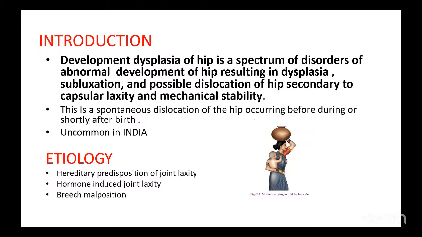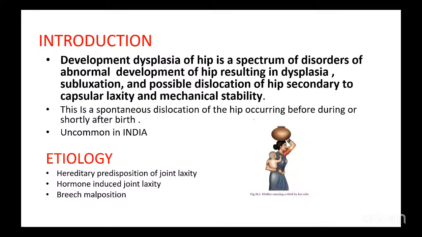Anteriorly, the iliopsoas muscle. These are the structures which give some sort of deformity at the hip, which can be diagnosed very easily by some clinical maneuvers after birth, and before that also by the position of the femoral head relative to the acetabulum.